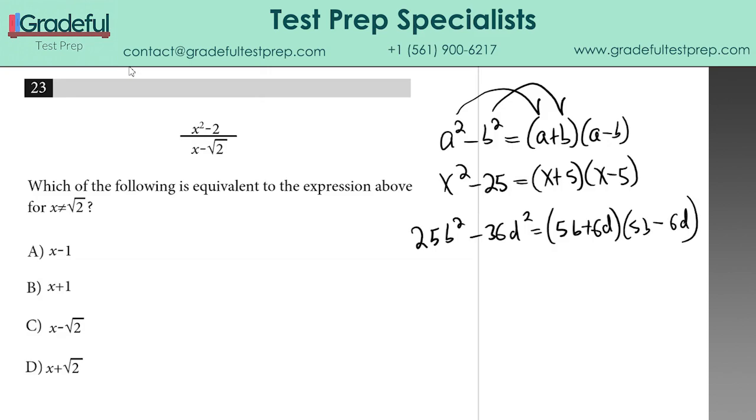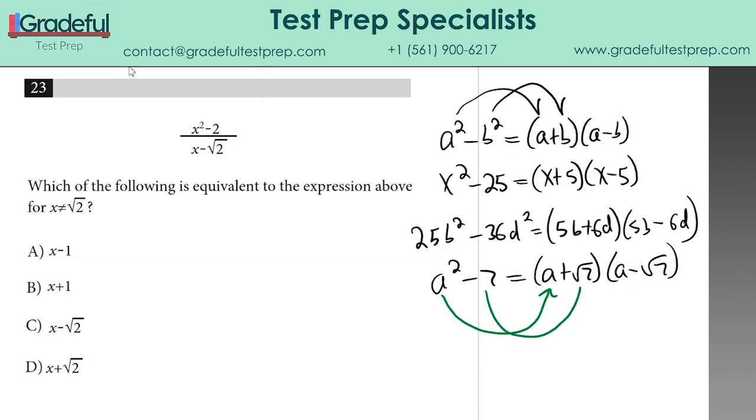And last but not least, if we had something that maybe isn't really a perfect square, if we had a squared minus 7 along the same format, that would factor to a plus the square root of 7 and a minus the square root of 7. Because what we've been doing all this time is taking the square root. So the square root of a squared is still a, but because 7 is not a perfect square, we can write the square root of 7 as literally that, square root of 7.